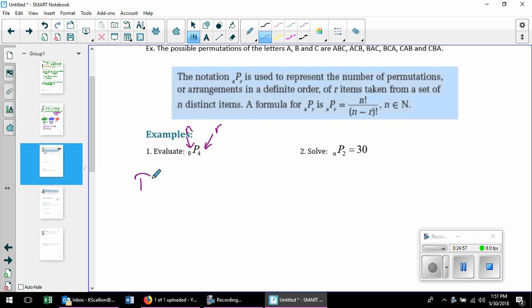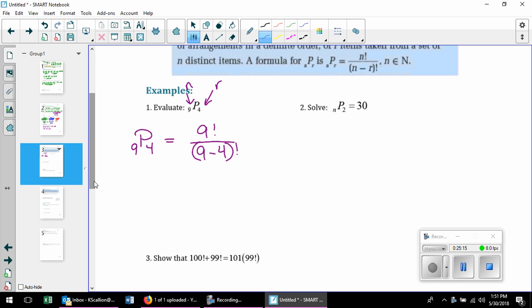It's going to be the permutation of 9 and 4. 9 permutation 4 is equal to 9 factorial over 9 minus 4 factorial. You're not done. Simplify it now. What did you get? 3,024, yes.